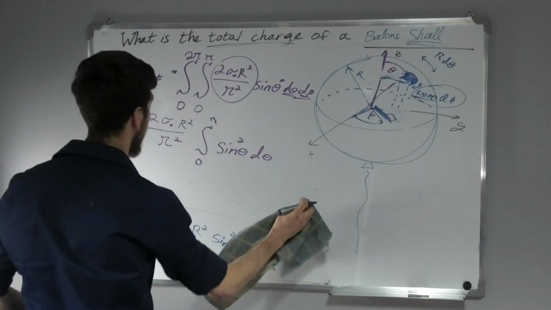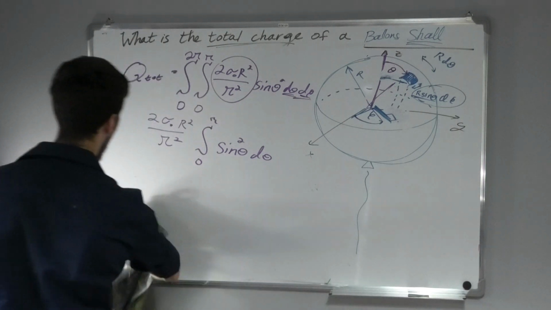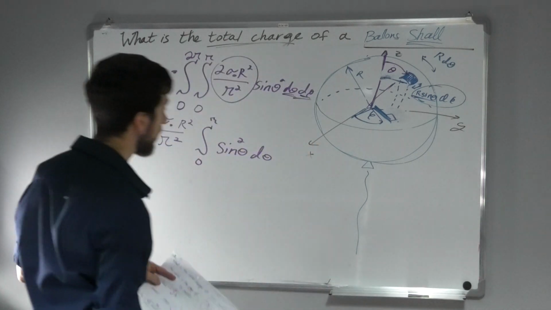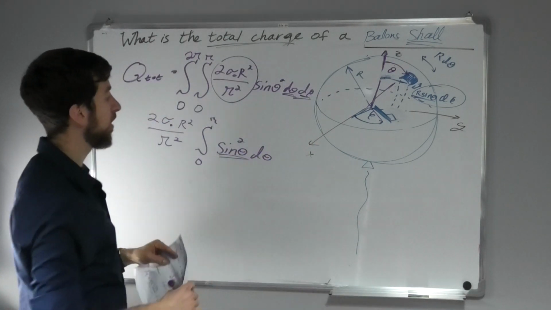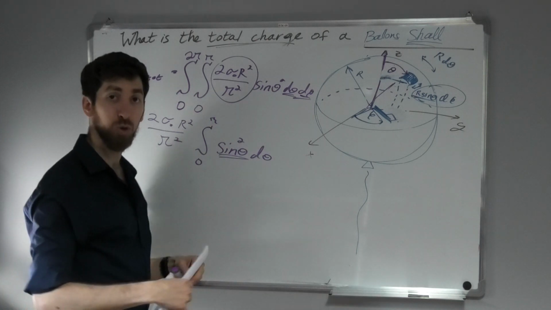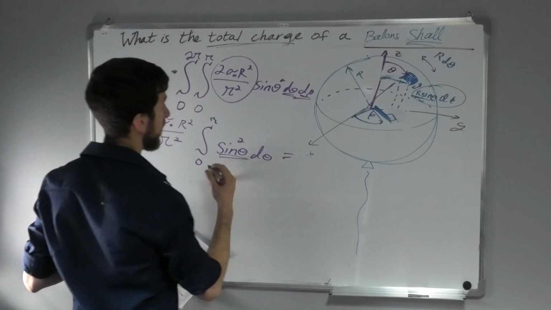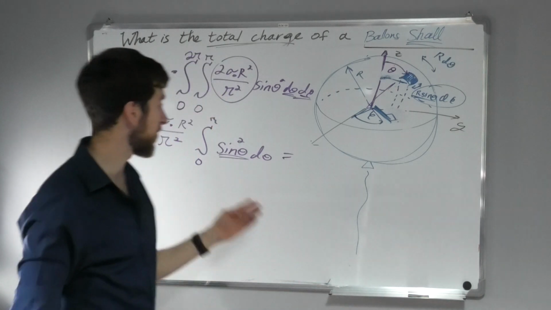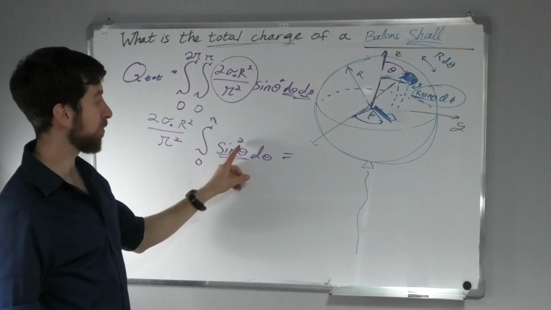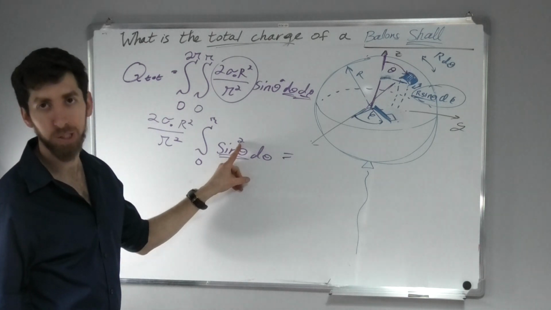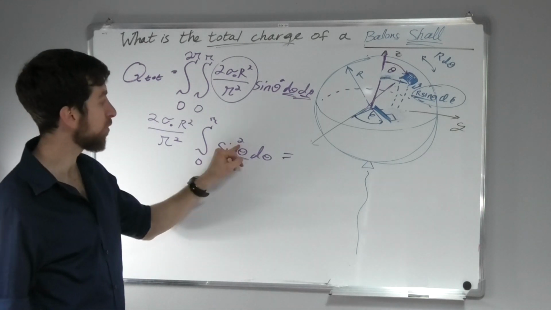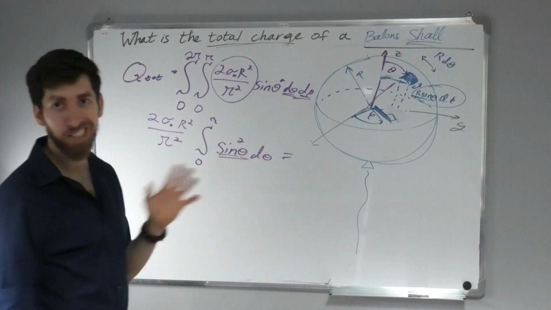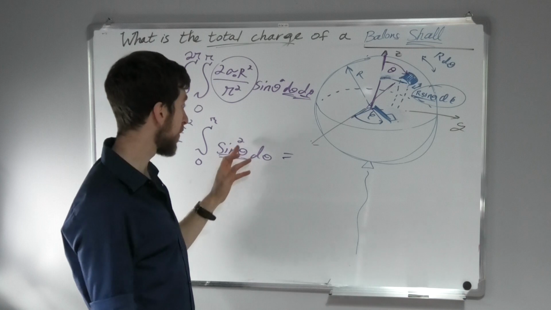And now we need to solve this integral, which is a little bit challenging, but we can overcome it. First of all, we can change the sine to cosine, right? We know how to do the integral of sine or cosine or whatever, but we have this square, so this square makes things a little bit complicated. We want to get rid of the square, maybe have something different in the angle, but we want to get rid of the square.